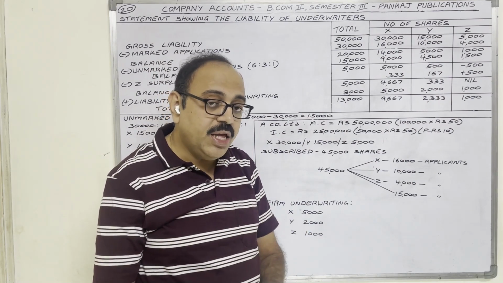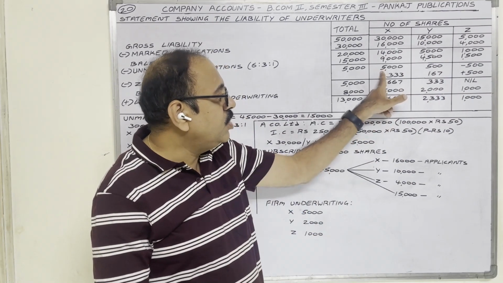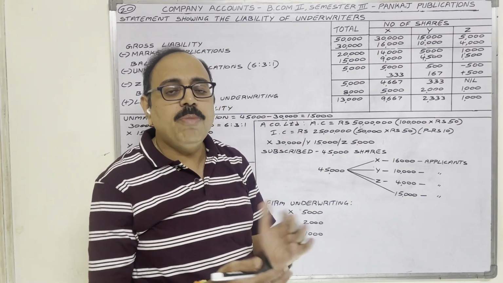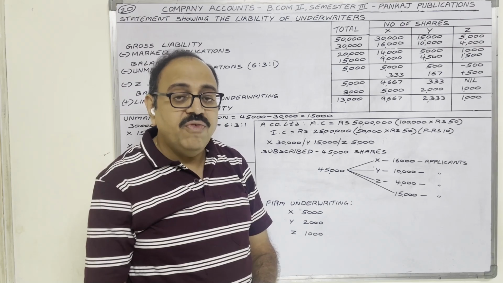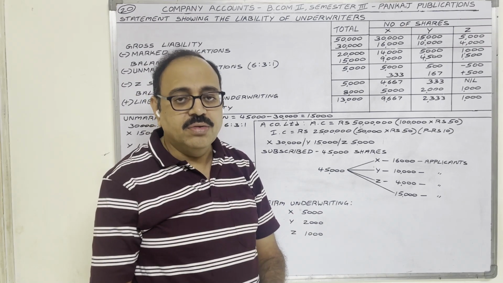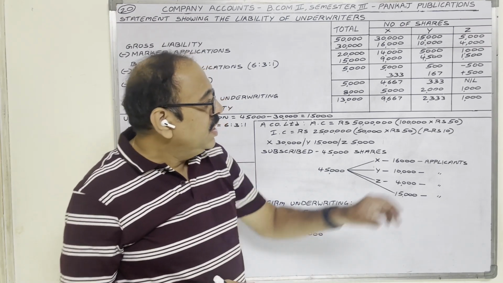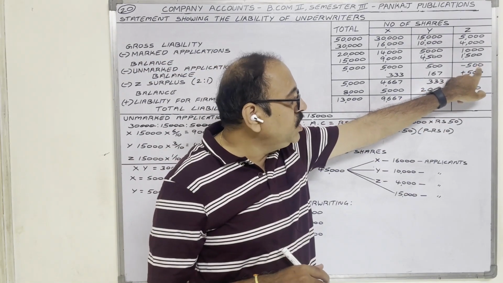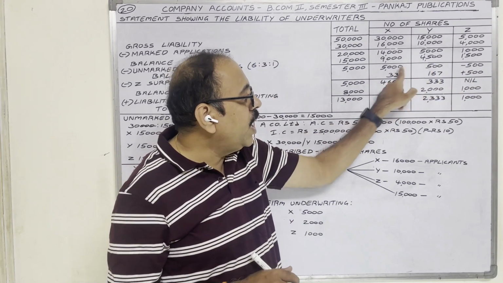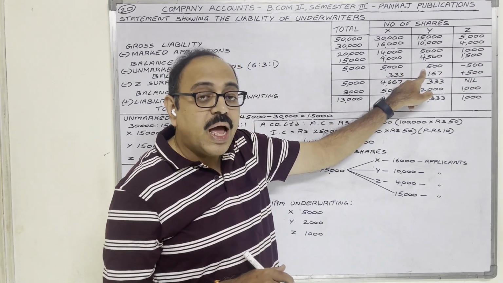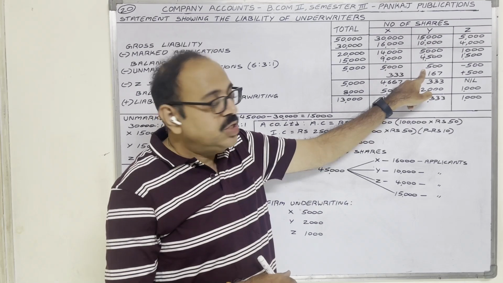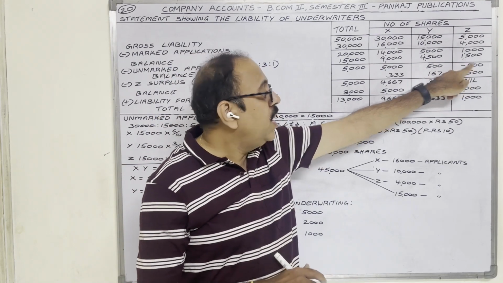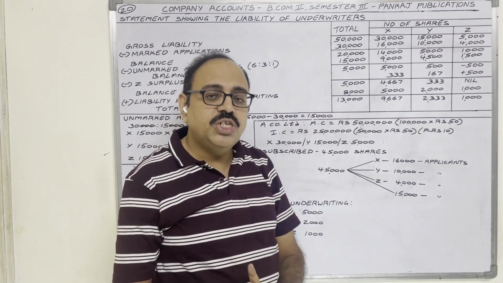And in XY's liability, X has to purchase 5,000 shares, Y has to purchase 500 shares, because the public failed to buy these shares. And when there is more than one underwriter, generally what we do is, if any one underwriter has a surplus, that surplus shares we also distribute among the underwriters who have deficiency shares. So these 500 shares we have to distribute among X and Y. In which ratio?